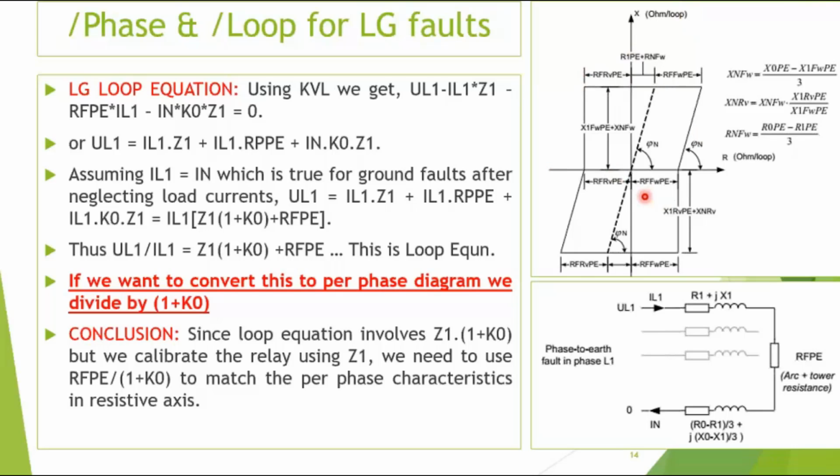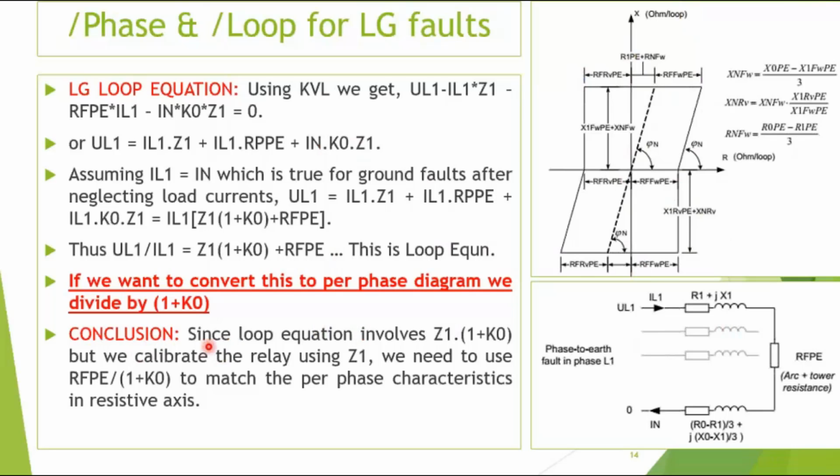You have Z1, Z0 directly mentioned. So K0 into Z1, this part is taken directly. I mention it to the relay directly. I do not mention it in a K0 factor mode.